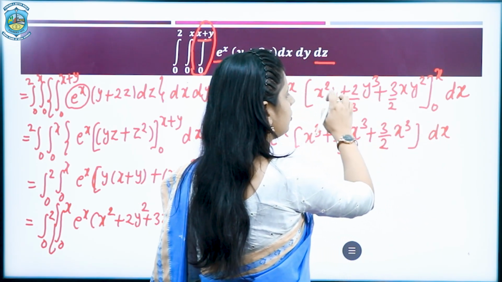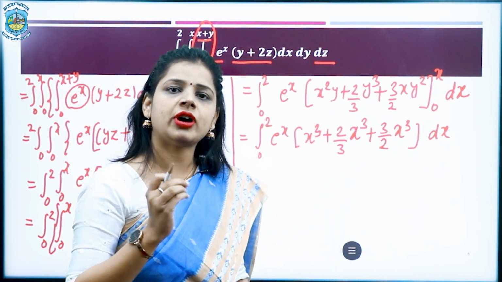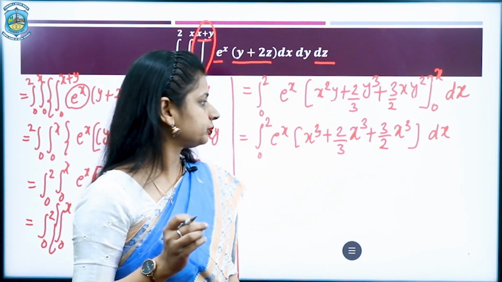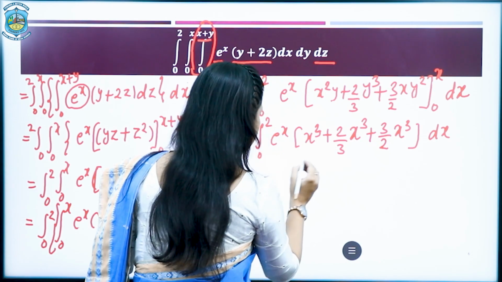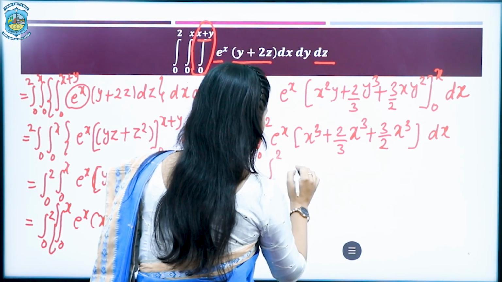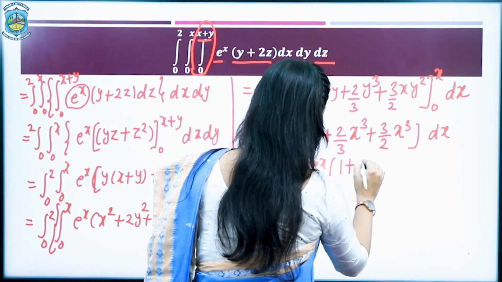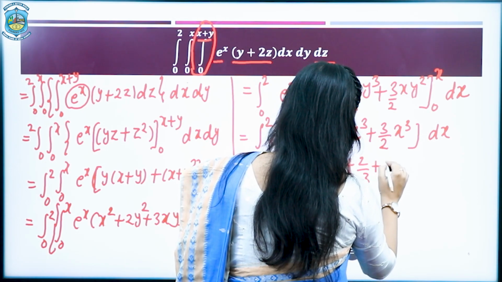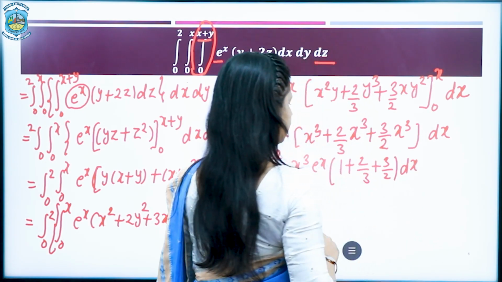When we substitute the lower limit, all these terms would be 0 as y equals 0. Now, when we simplify, we may take x cube as common. So, we will get 1 plus 2 by 3 plus 3 by 2 with respect to x.